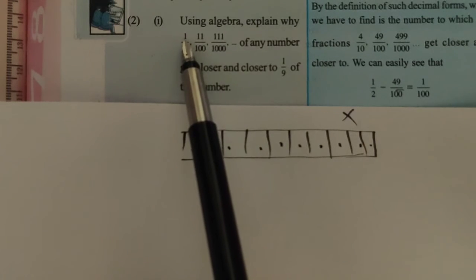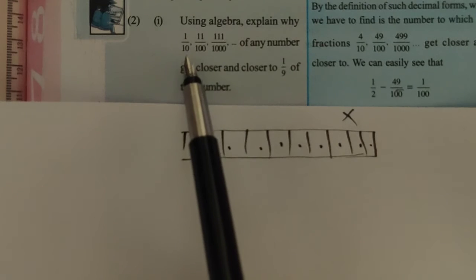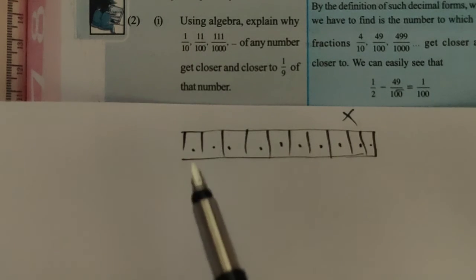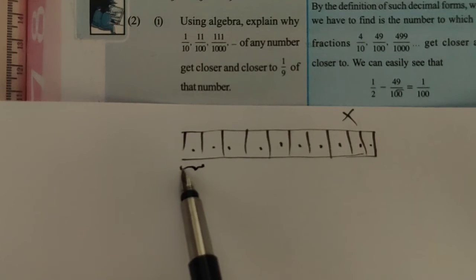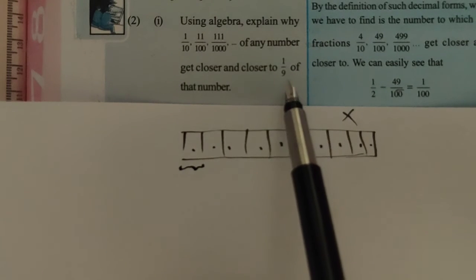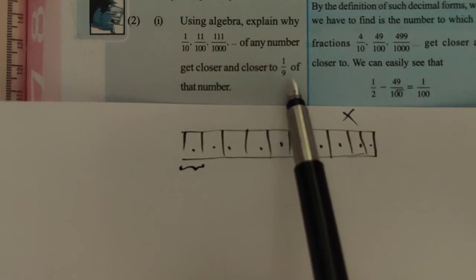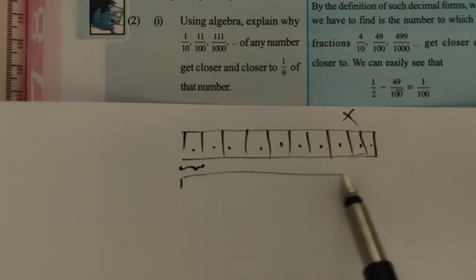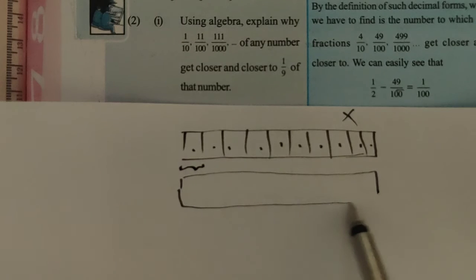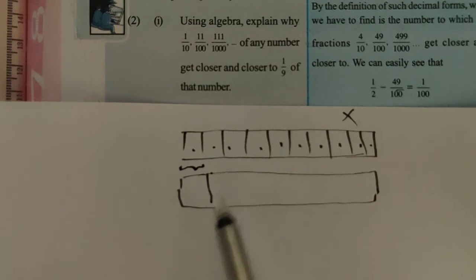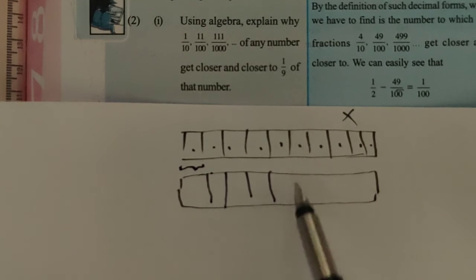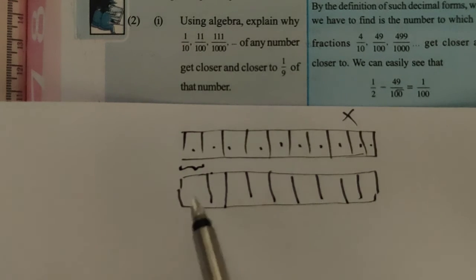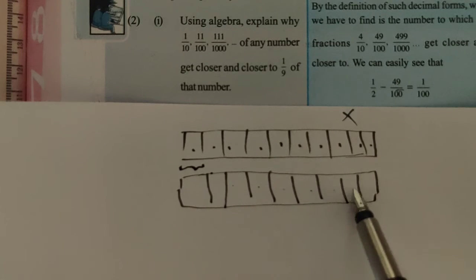Can you see 10 parts of that number? Yes. This is 1 by 10 part of the number. And now what is 1 by 9 part of the number? This is 1 by 10 part, and what is 1 by 9 part? Then you want to draw the number again, and divide it into 1, 2, 3, 4, 5, 6, 7, 8, 9.